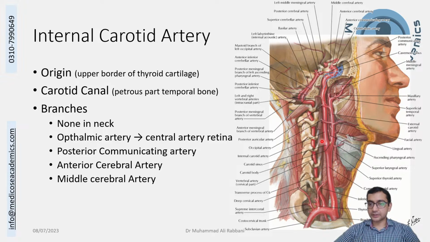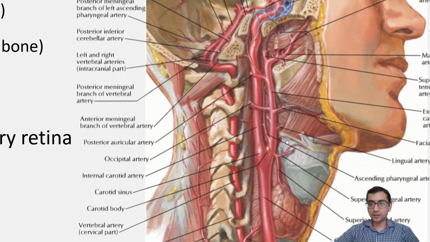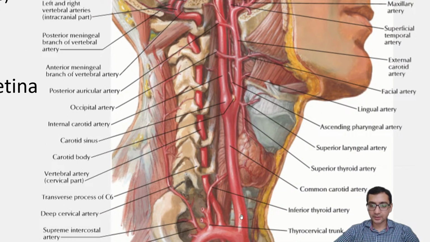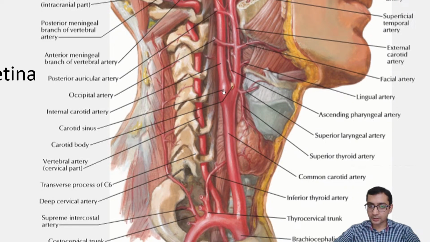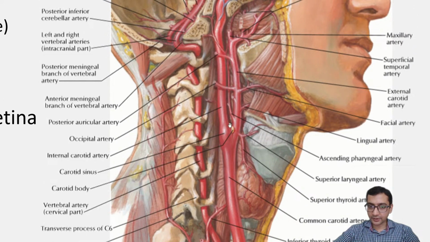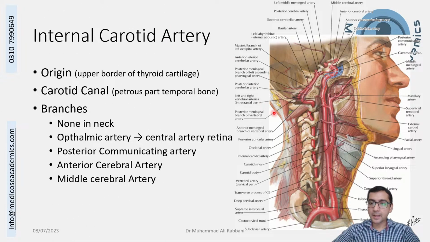Okay, then we come to the internal carotid artery. In this picture, you can see the arch, the big common carotid, the bifurcation, the external carotid with all of its branches, and on the back, this is the common carotid artery. The common carotid artery moves inside the carotid sheath.